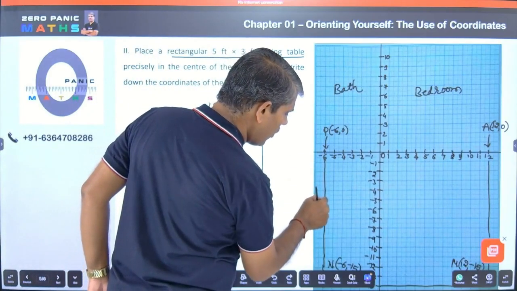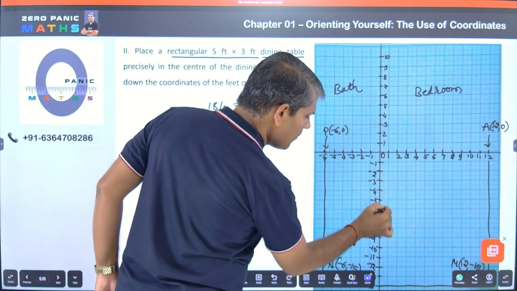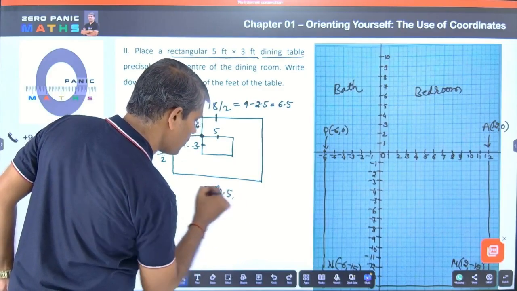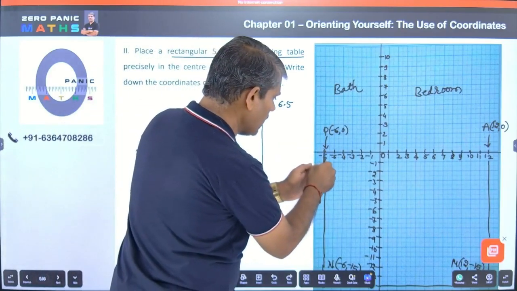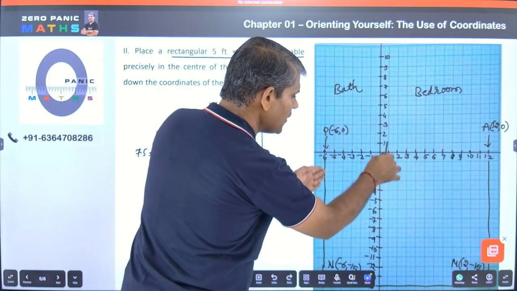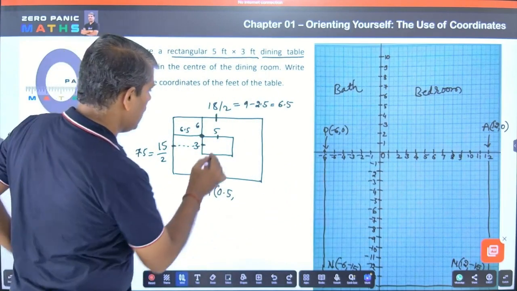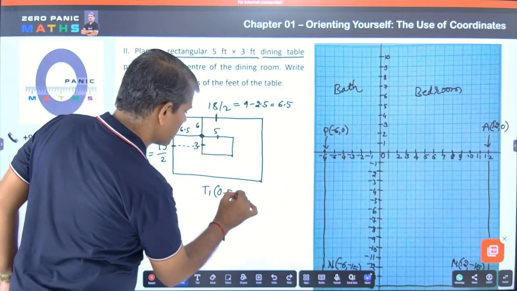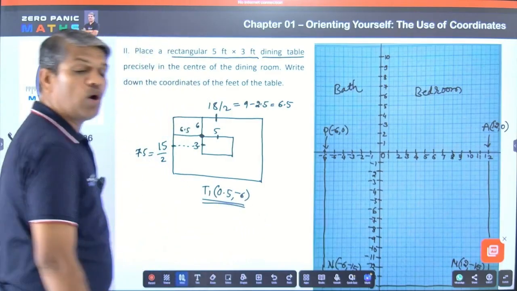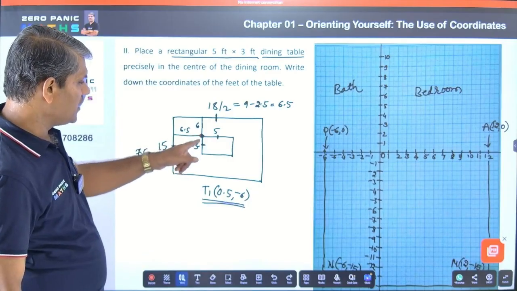From minus 9, 6.5 means it is plus 0.5. So it goes towards the positive x-axis by 0.5, and then minus 6. So this is the coordinate where we have to place the top left corner of this table.